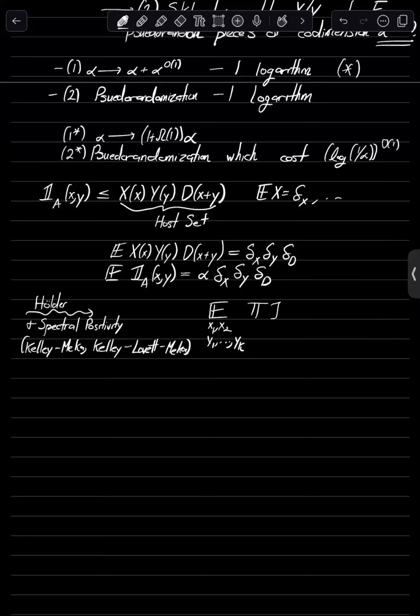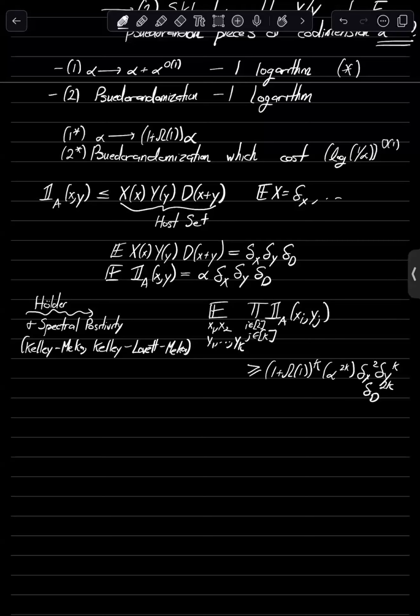What you'll get is that the indicator of A of xi, yj, where i is in 2 and j is in k, is bigger than 1 plus omega 1 to the k, alpha to the 2k, delta x squared, delta y to the k, delta d to the 2k.